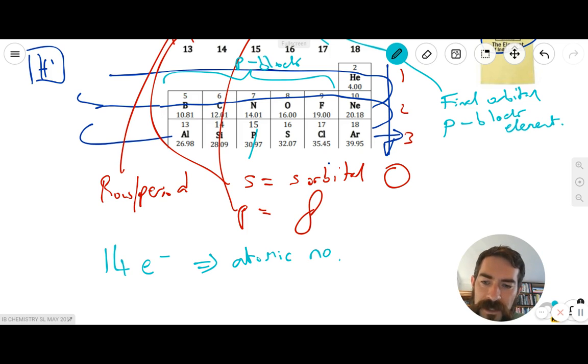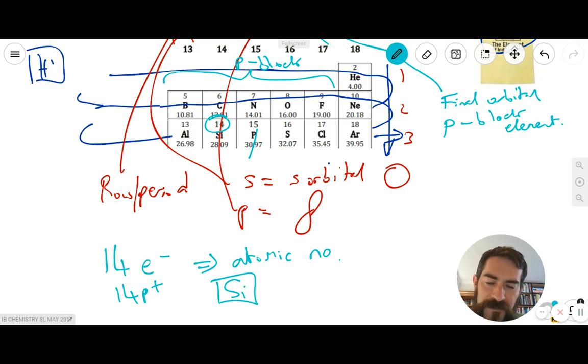So if you have 14 electrons, you must have 14 protons for a neutral atom, and they're talking about an atom here with this electron configuration. So with 14 protons, you quickly identify that the element with atomic number 14 is silicon.